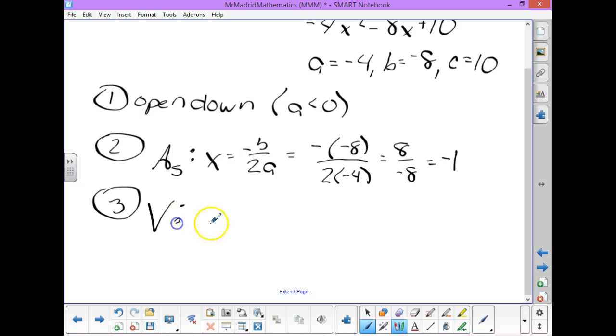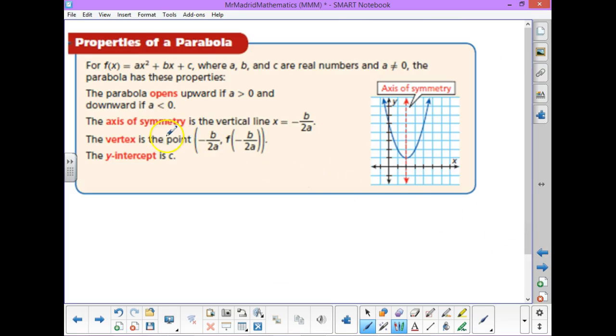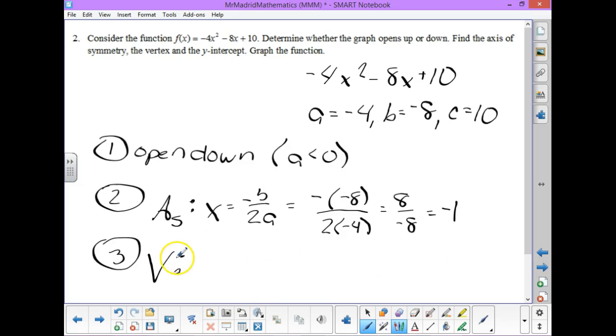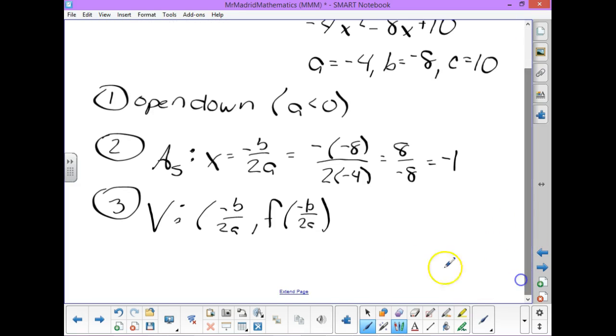So the vertex. It's -b over 2a, comma, f of -b over 2a. Okay, that's coming straight from your notes.